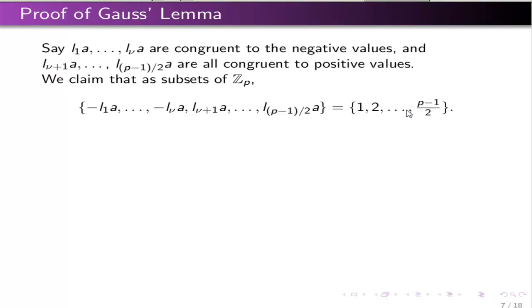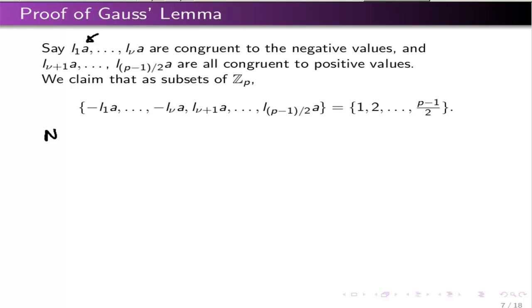So remember, these values right here are congruent to some number between negative P over 2 and negative 1, and so when you take the opposite, there'll be values between 1 and P over 2. So all of these values are between 1 and P over 2. And the question is whether we get any duplication.